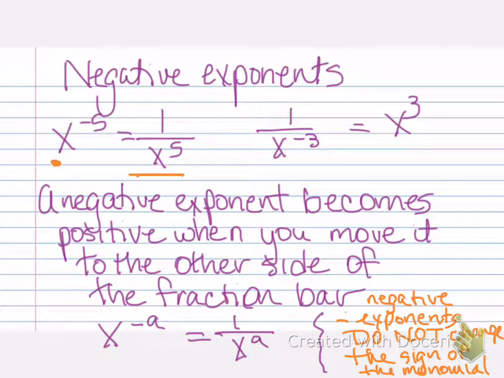If I have x to the negative 1 over x to the negative 3 and I want a positive one, I just simply move it to the other side of the fraction bar. Please make a note, though, that a negative exponent does not mean anything with regards to the sign of your monomial, okay? This number doesn't affect whether this number is positive or negative.